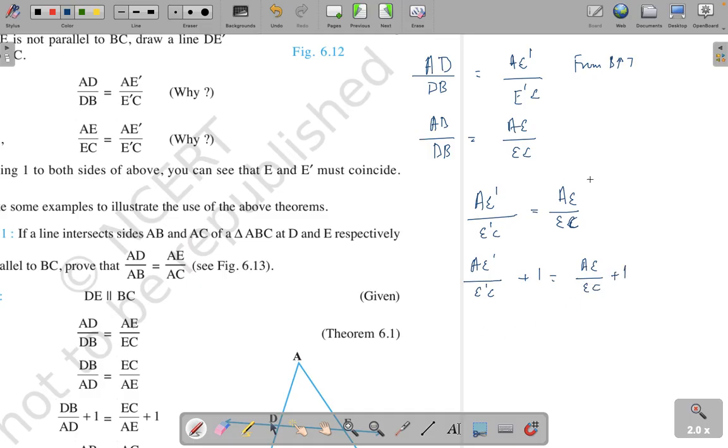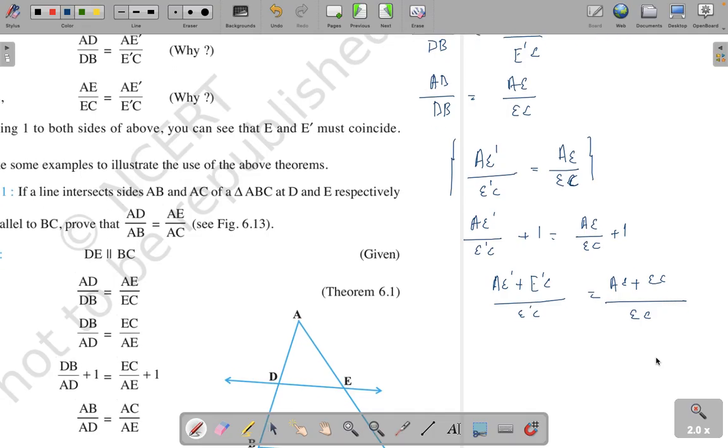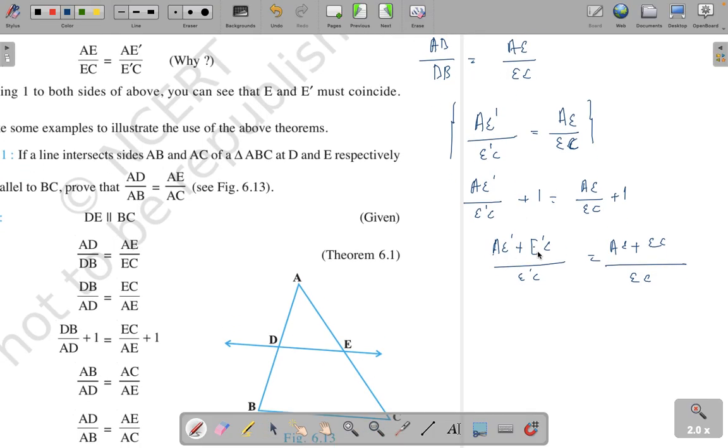Although from here it may look to us that E and E dash are coinciding, we have to prove that mathematically. So you can write AE dash plus E dash C upon E dash C is equal to AE plus EC upon EC. So this becomes AC.